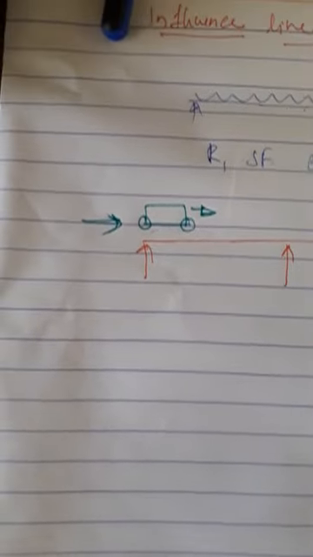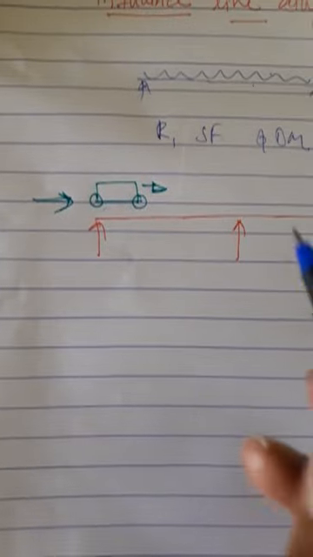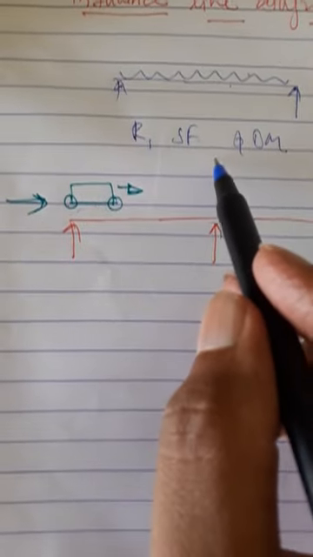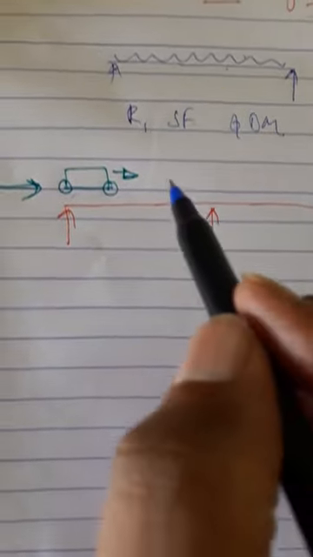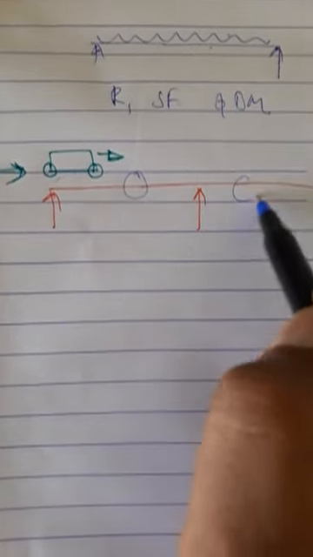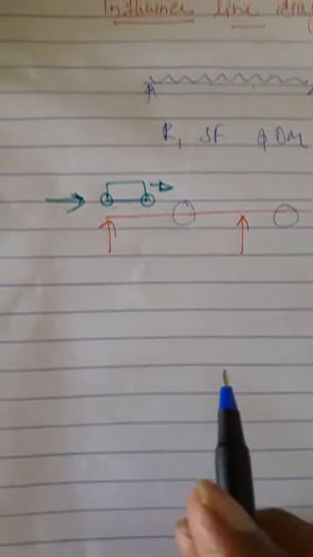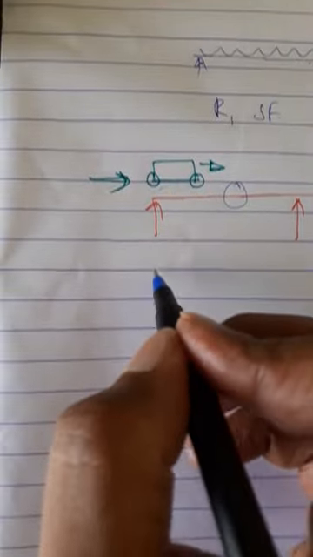Hence we need to find out at what location and what are the maximum shear force, bending moment and reactions, so that we can design these sections safely. For that we use influence line diagram.